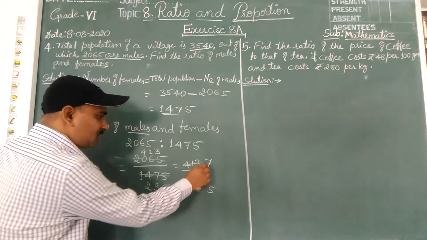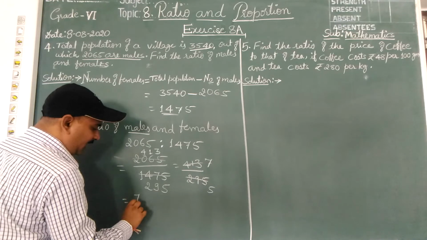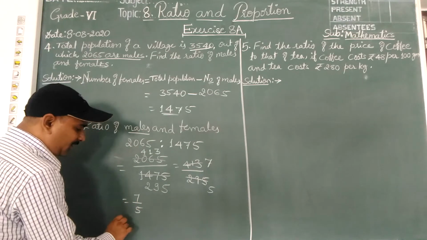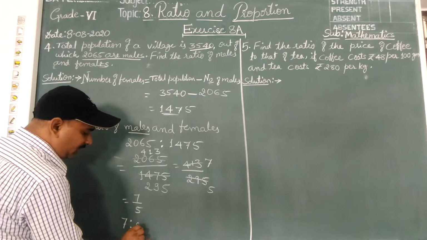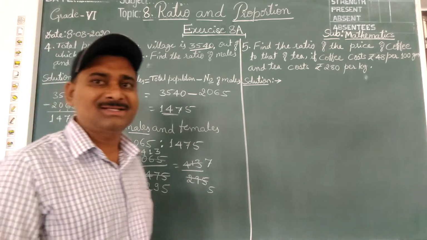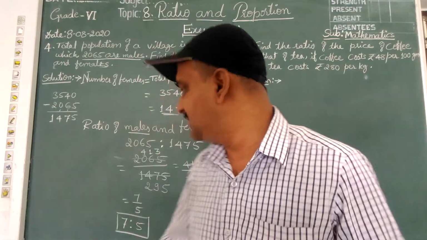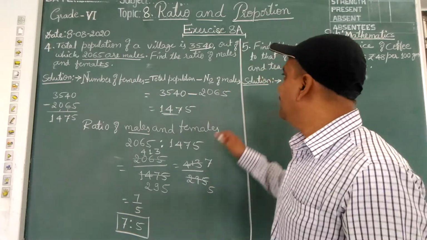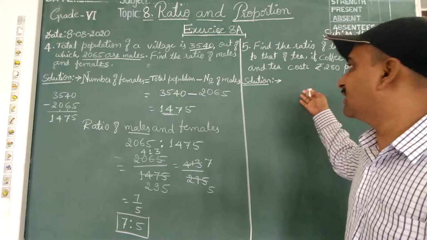So you got 7 divided by 5. This 7 divided by 5 I can write in the ratio 7:5. So the ratio of males and females in the village is 7:5. Okay, let us move towards 5th question, children.